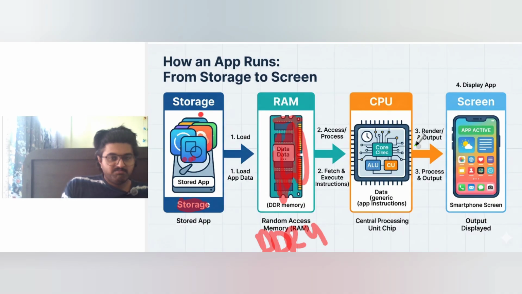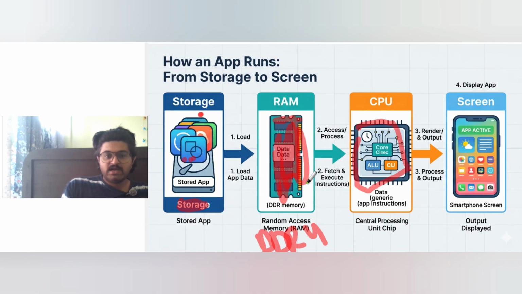Before that, the CPU fetches the instructions. The processor is working. You might have seen this image of a processor design. It's not the exact replica of a CPU, but I put it here to explain what a CPU does.